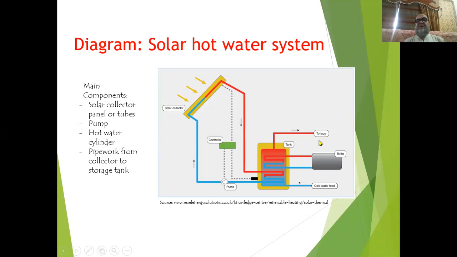This is how the energy from the heater goes to the water and it is being heated. It is just like a geyser attached to a home, where you have a cold line and a hot line. The water is fed from the cold line and then gets heated, the boiler gets water from this solar panel, and this is your tap. So this is a hot water cylinder with a pipe from the collector to the storage tanks.